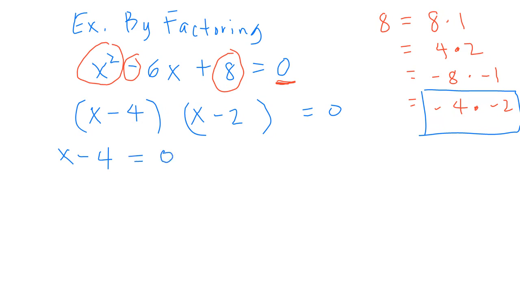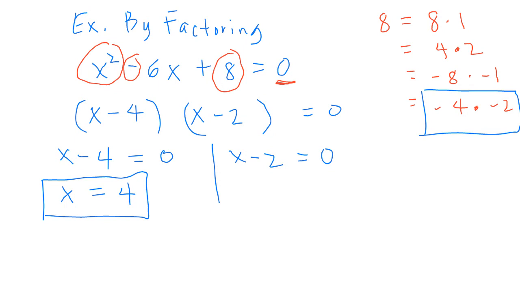First factor, set that to 0, and then the second factor, x minus 2, set that to 0 also. And then you just find the value for x. Since we have a negative 4 on the left, we move that to the right, becomes a positive 4. And if you're using elimination, you can do plus 4 on the left and plus 4 to the right. It gives you the same result.